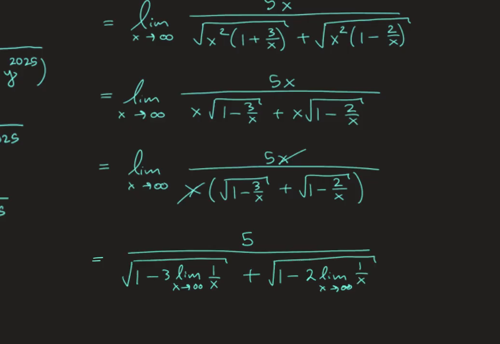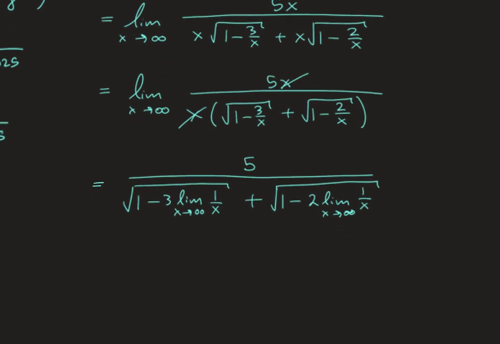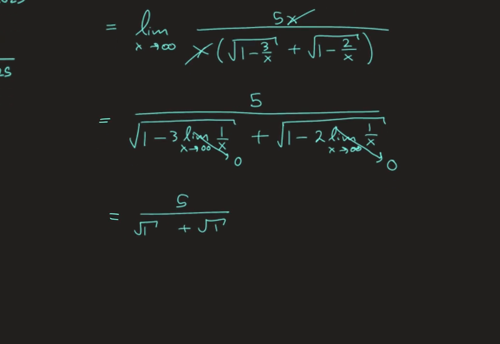But as we mentioned in the last theory video, this is 0. Giving me 5 divided by the square root of 1 plus the square root of 1. Final answer, 5/2. Not 1, okay? So be careful with those infinite limits.